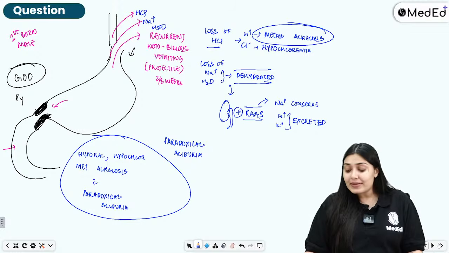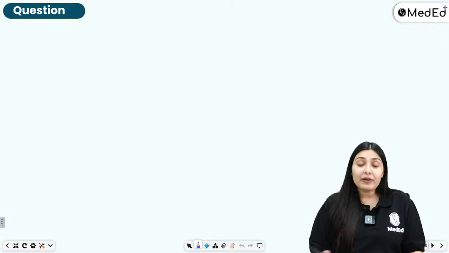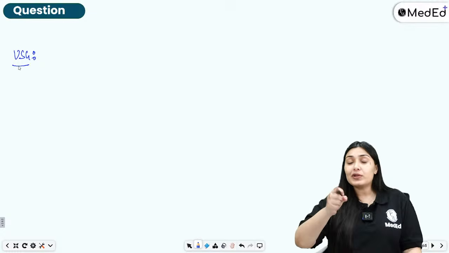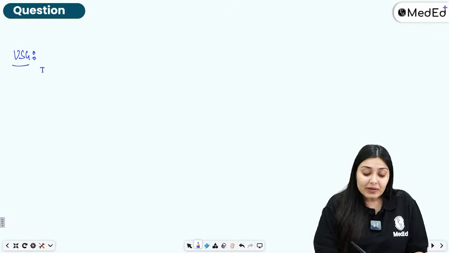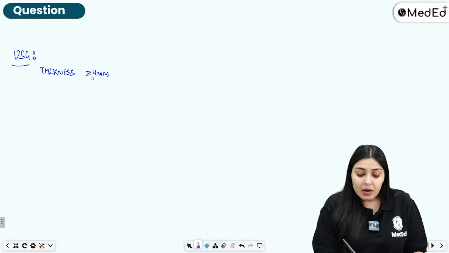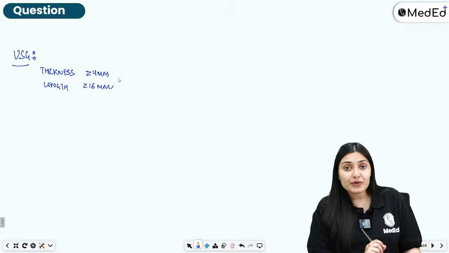They also ask what are the ultrasound findings that you see over here. So in ultrasound, we focus on the pyloric end. If the thickness of the pyloric end is more than 4 mm, or the length is more than 16 mm, it is suggestive of congenital hypertrophic pyloric stenosis.